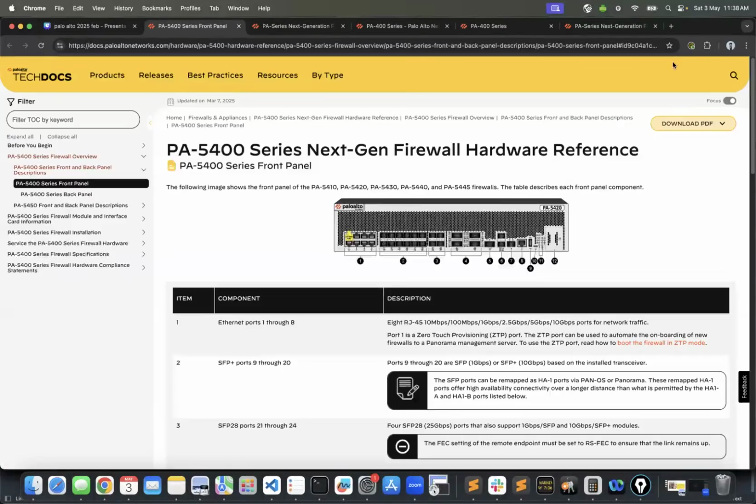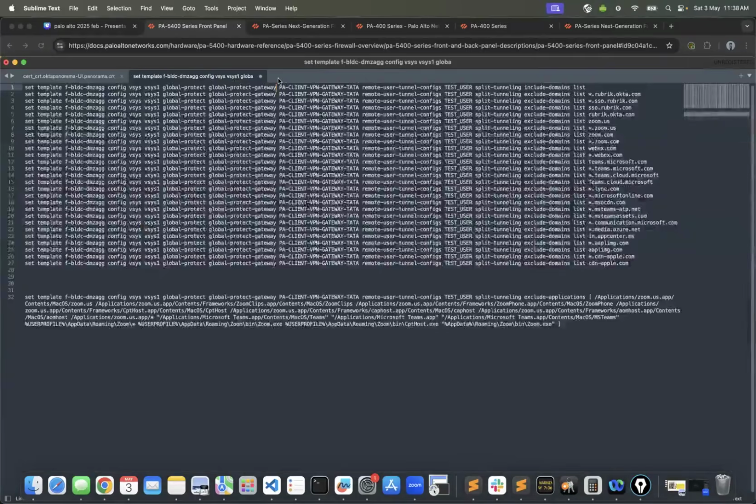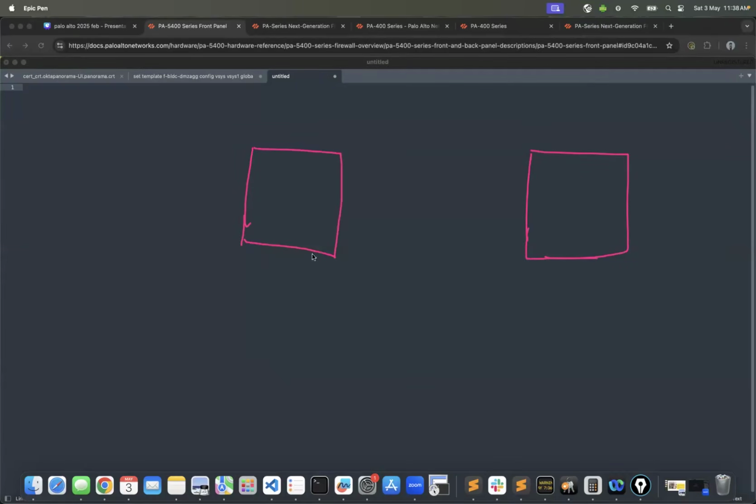To understand that, let's assume you have two firewalls. One firewall is active, one firewall is passive. Those are active and passive firewalls, not ports.